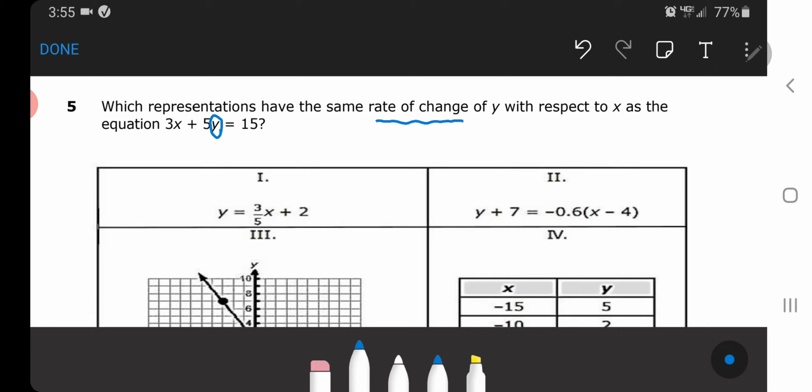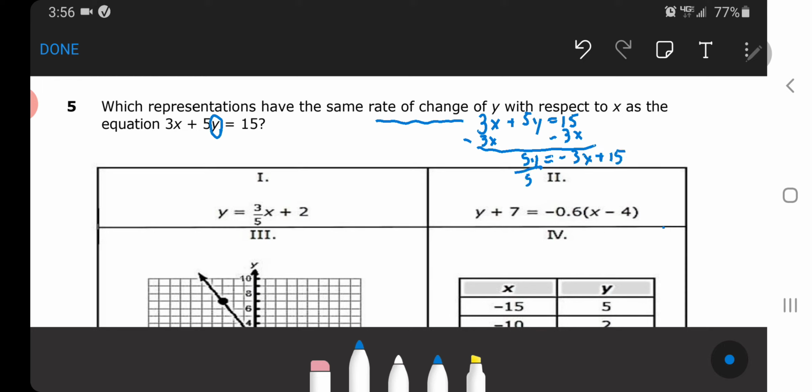So to solve, we'll go 3x plus 5y equals 15. Let's take that 3x over by subtracting it, so we want that whole term to go to the other side. So we get 5y equals, once again, we cannot combine these terms because they're not like terms, so we're just going to bring them down as negative 3x plus 15.